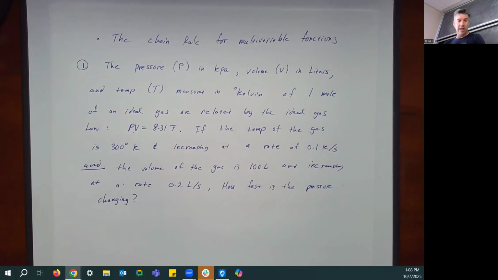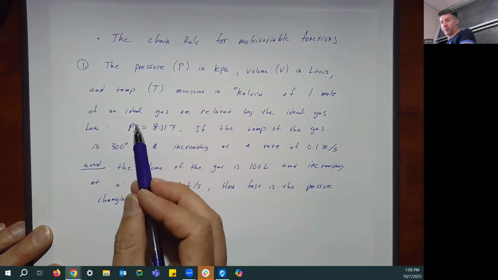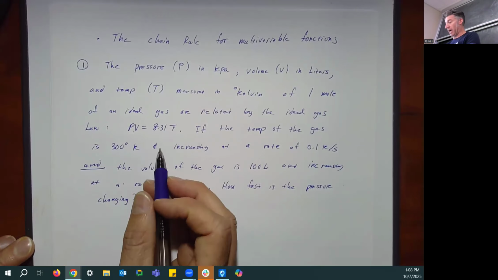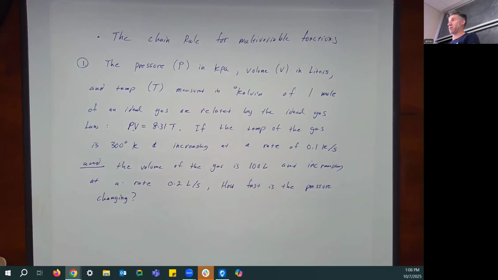So here's the idea. First and foremost, we want to try to isolate the thing we're looking at. So instead of writing this equation as PV equal to 8.31 T, we're first going to isolate the pressure because that's what we're asking the question about.